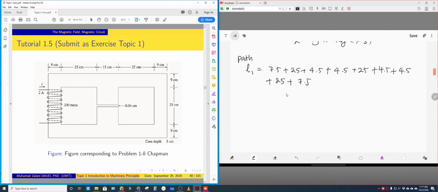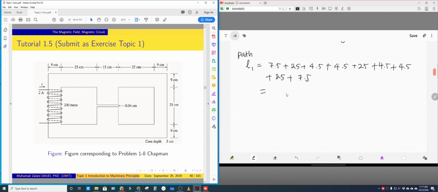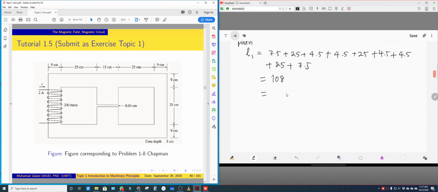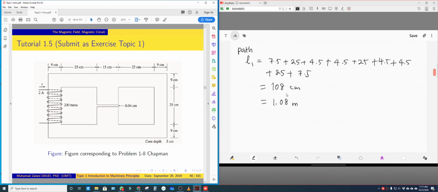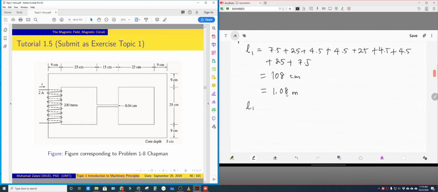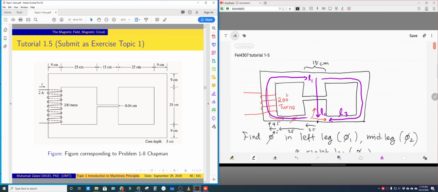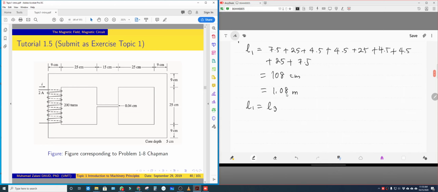So that's all the path of L1, which is 108 cm. Convert to meter, 1.08 meter. So that is L1. So here we know that L1 equals L3. So L3 is also 1.08 meter.